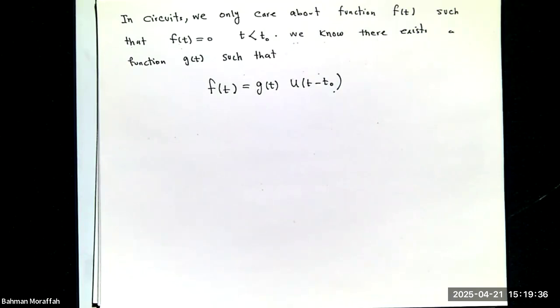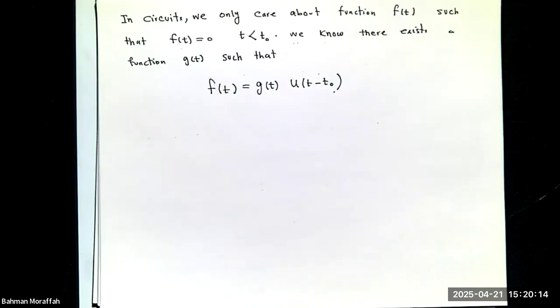Look what's happening. The value of u of t minus t naught is only 1 after time t naught, which gives me this g of t, which is exactly my f of t. For times less than t naught, this becomes 0, and my f of t is 0. So basically, this g of t is exactly this f of t. By multiplying it by this step function, it is defined exactly on the entire real line.